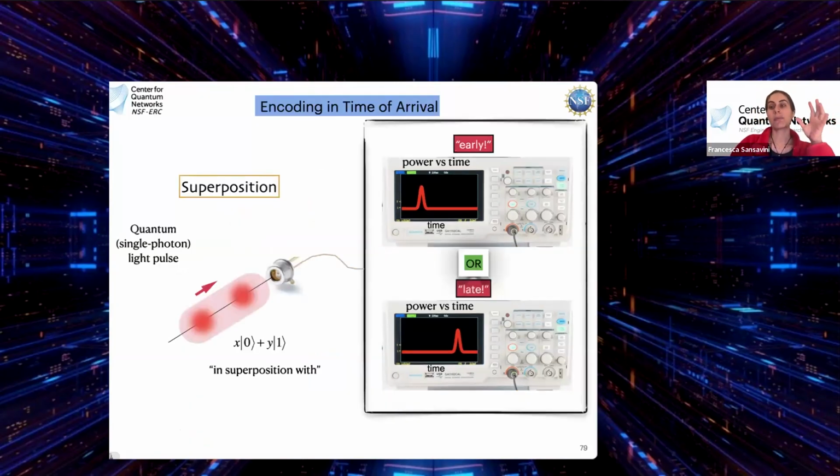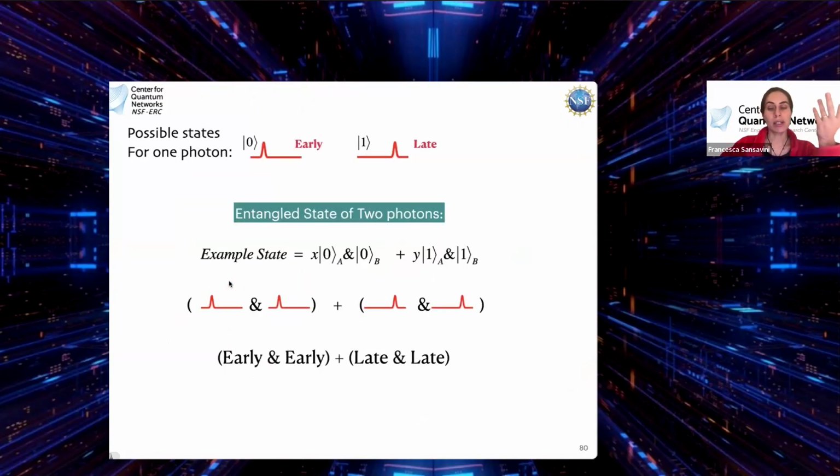But we can also have superposition states. We can have x0 plus y1. So we can have a superposition of the photon being in an early time and a late time, exactly as we can have a superposition of the photon being in the vertical or in the horizontal polarization. Even in the time bin encoding or even in the path encoding, we can identify entangled states.